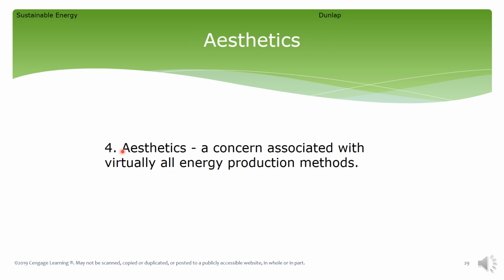The fourth one is aesthetics. It is a concern associated with virtually all energy production methods. To me, it looks good, but for some people, it may not look good. So it depends on the person. I think to me, it looks beautiful.